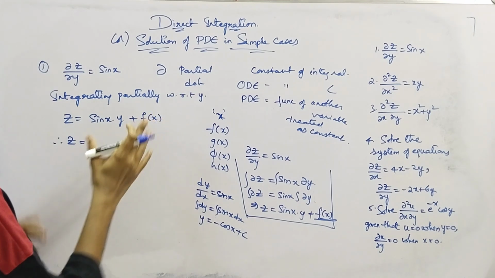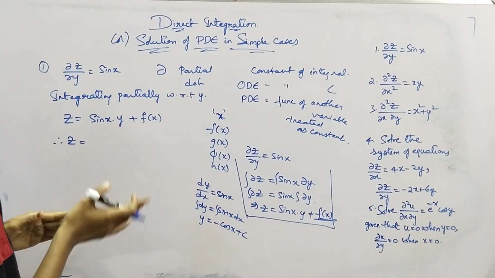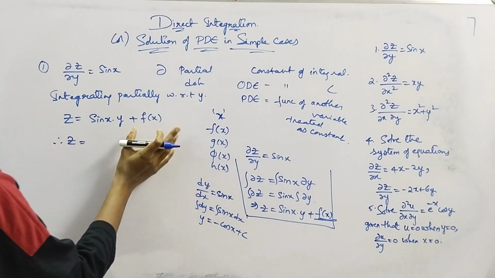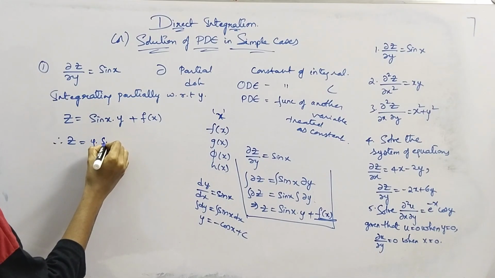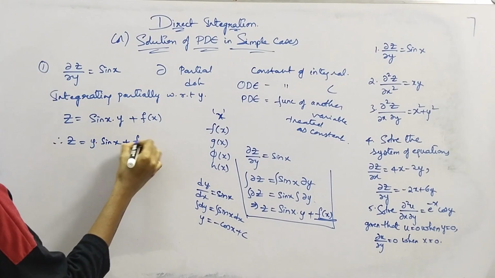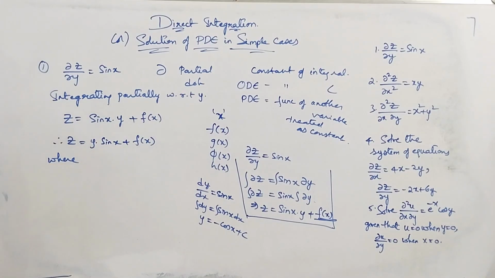Your mind will get used to it. By practicing, you'll get to know. So this is how you'll get y · sin x + f(x), where f(x) is an arbitrary function.